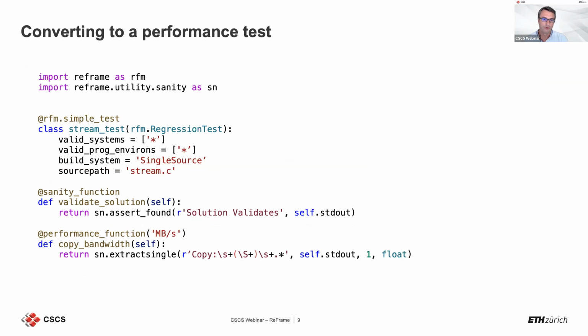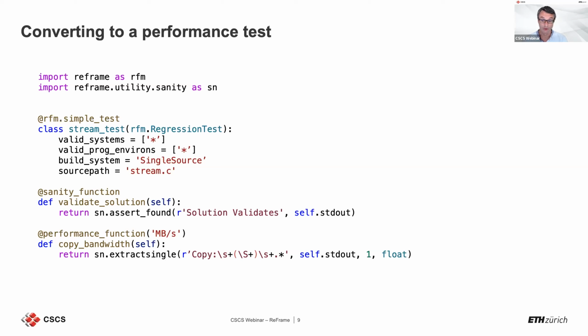Now, stream, of course, is a performance test, and we want to assess its performance. The only thing you need to do to convert it to a performance test is to define a special function. Again, I will fix the presentation, to extract the value you want. So here we want the copy bandwidth, and we have a regular expression here with a capturing group, and you select the capturing group here, which is capturing group 1.